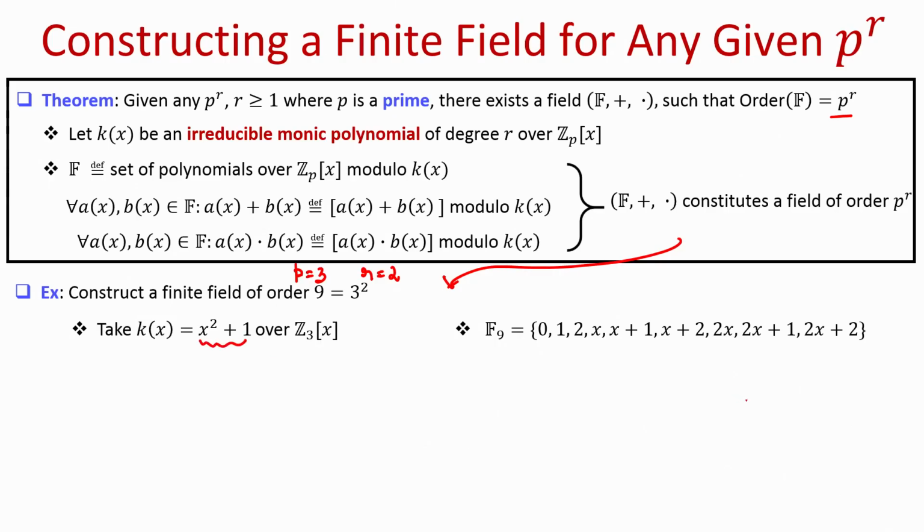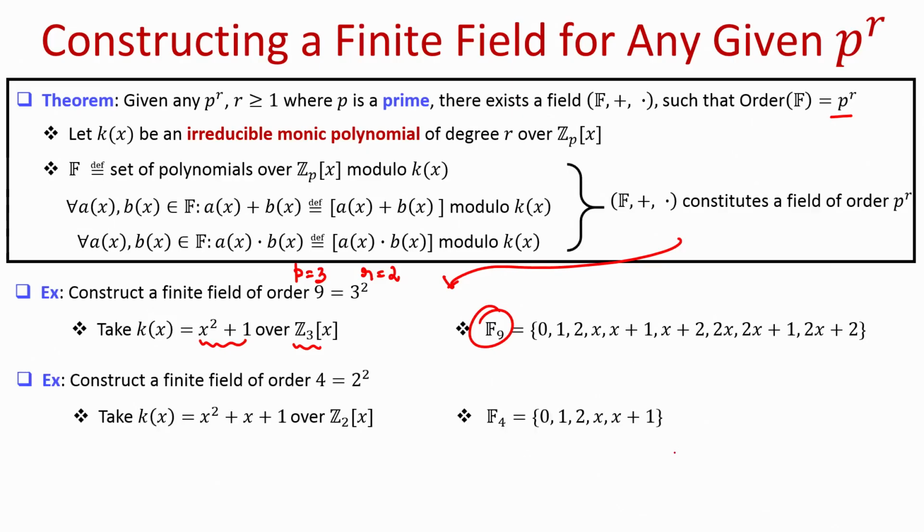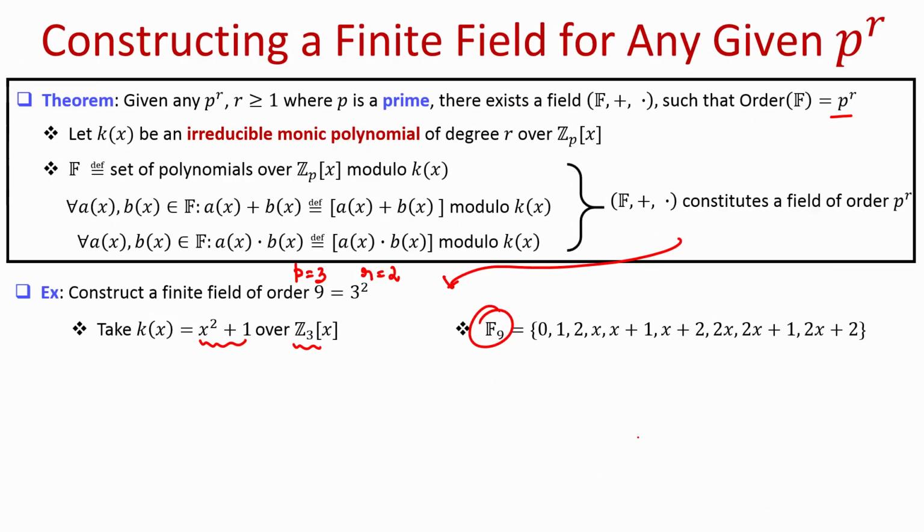So, this is an irreducible polynomial and my collection F9 will have all the polynomials over Z3, namely the coefficients are from Z3 and the degree of the polynomials can be 0 or 1. So I get a total of 9 such polynomials, and my plus operation and multiplication operation will be defined modulo x square plus 1.